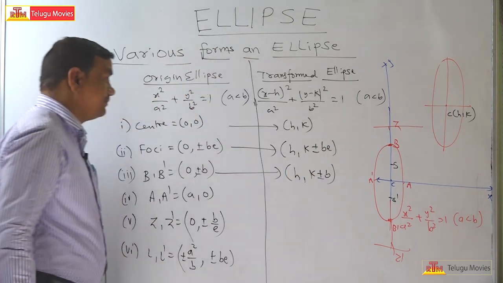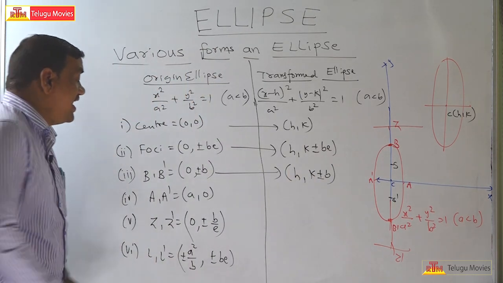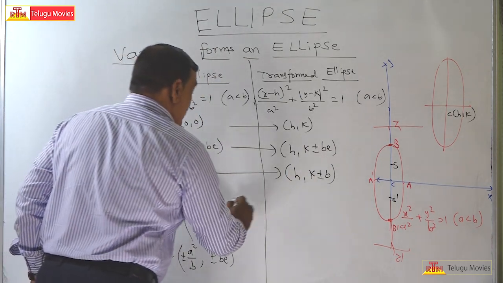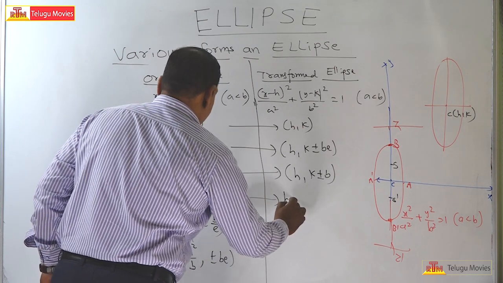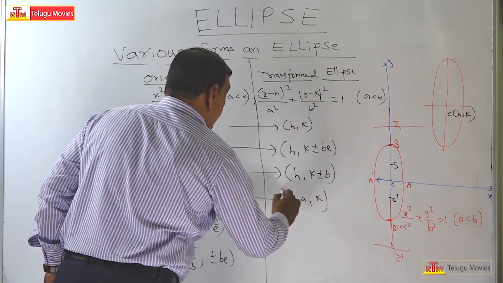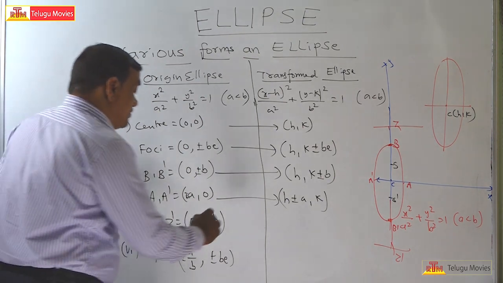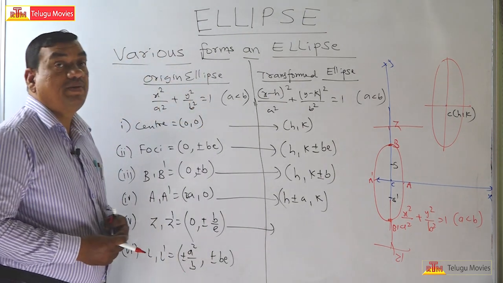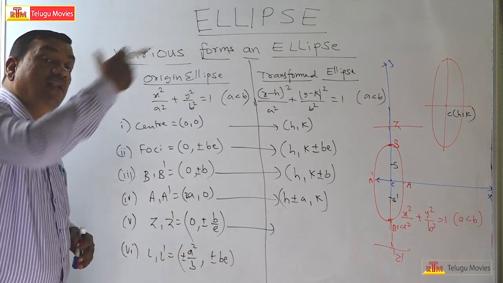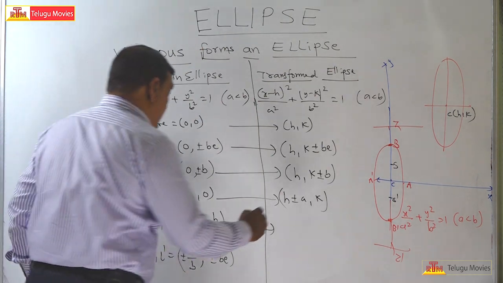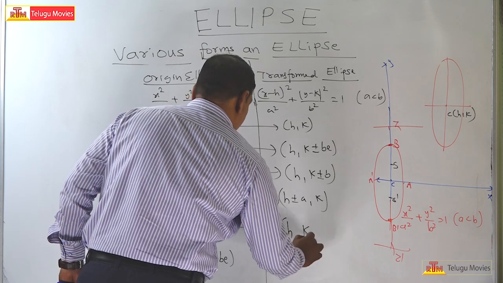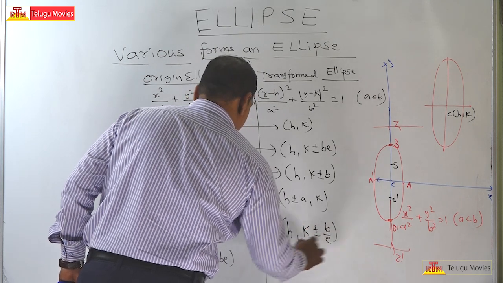A and A dash are (h plus or minus a, k). Z and Z dash, the feet of the perpendiculars from the center upon the directrix, are given by (h, k plus or minus b by e).